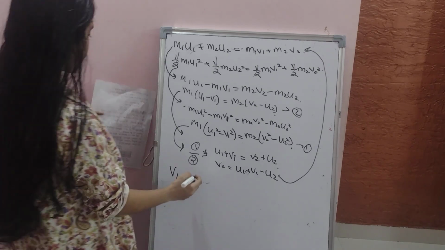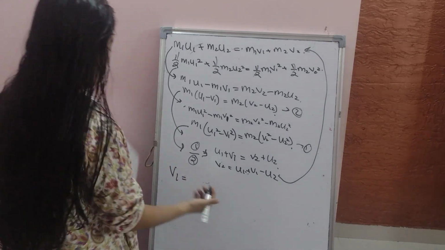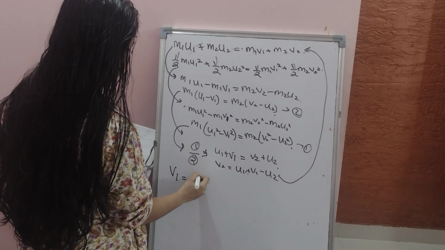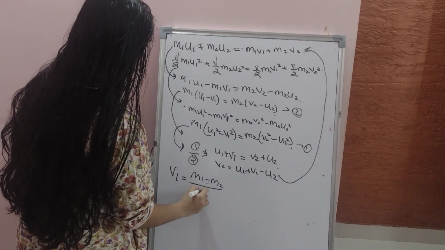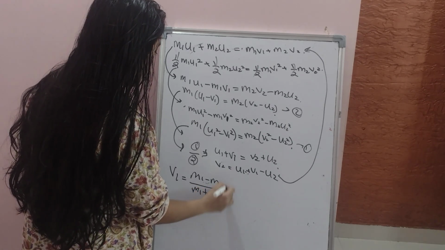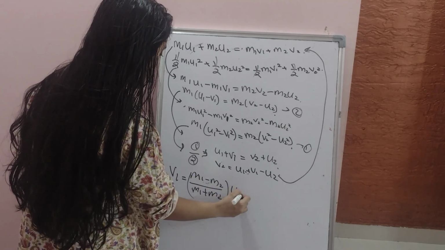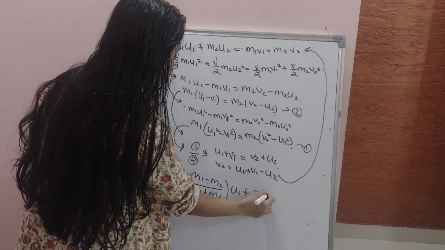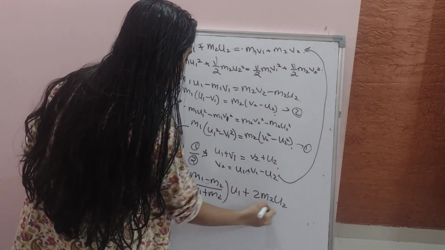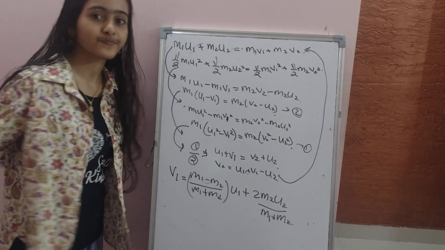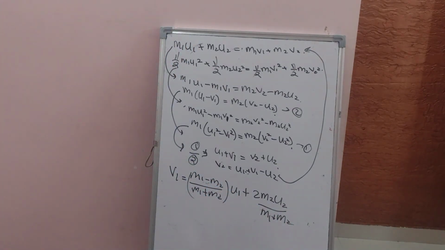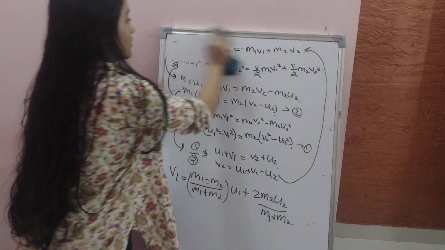v1 we will get as, so you can do it by yourself, it's actually very simple, m1 minus m2 divided by m1 plus m2 into u1 plus 2m2 u2 divided by m1 plus m2. See, it's actually pretty simple.